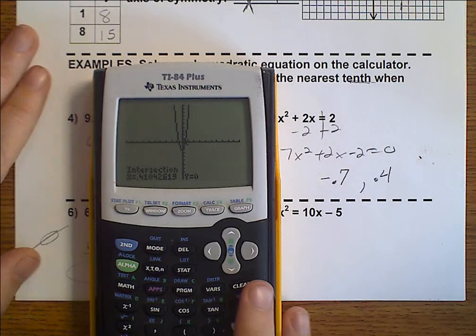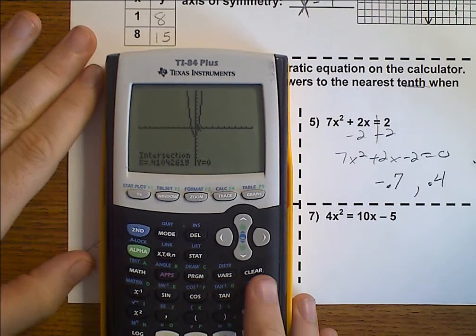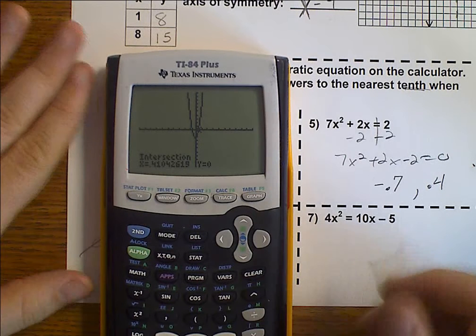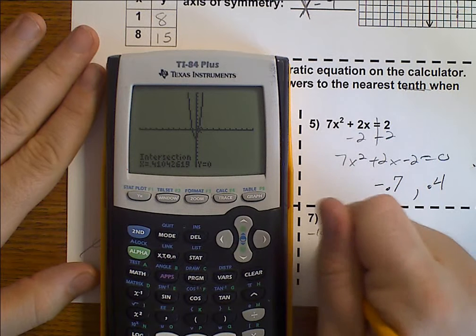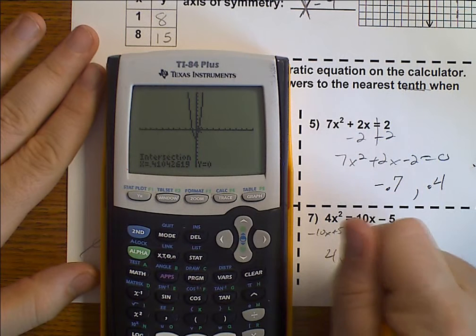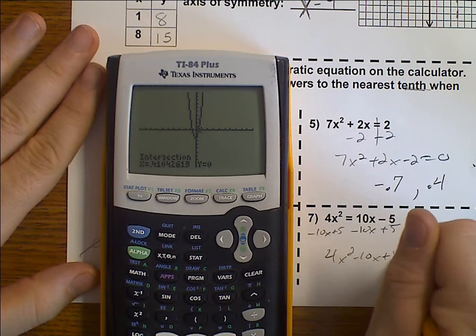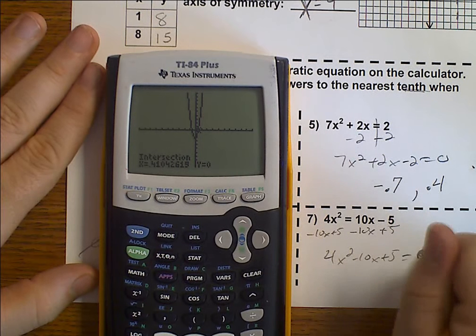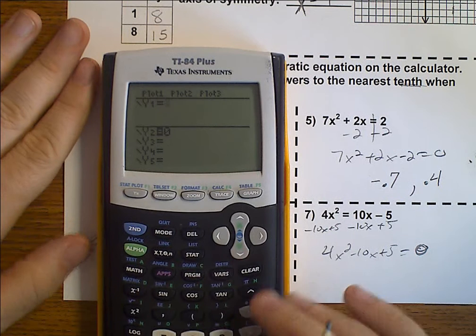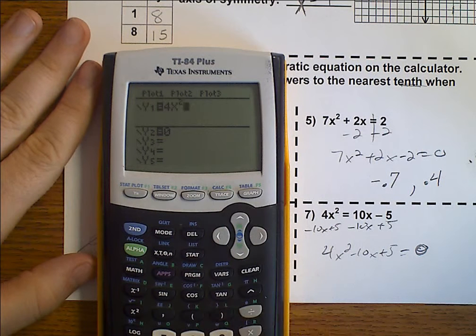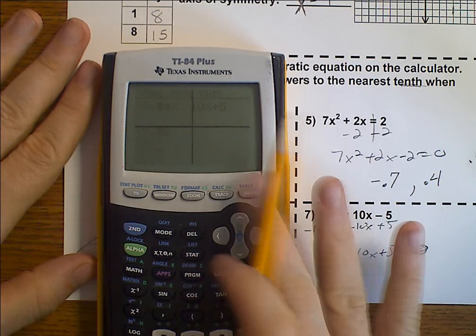And now, for problem number 7, do the same thing. We have to move everything to one side. So subtract 10x and add 5. Gives us 4x squared minus 10x plus 5 equals 0. Go to y equals. Clear this out. 4x squared minus 10x plus 5. Graph.